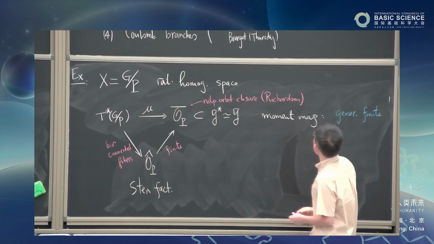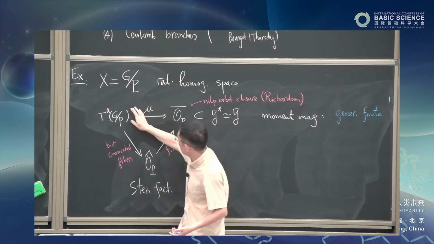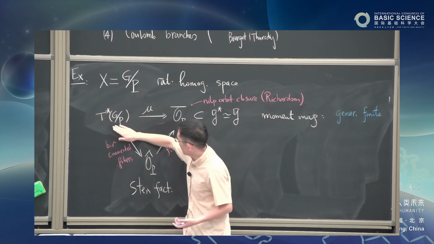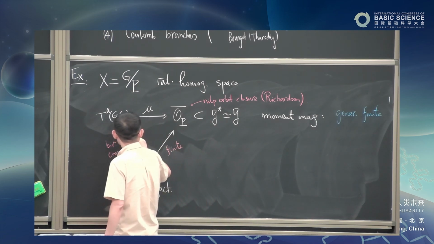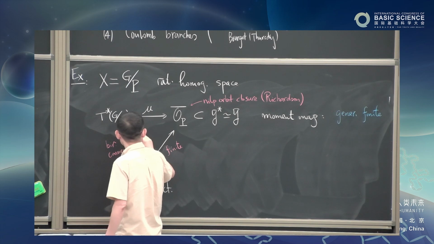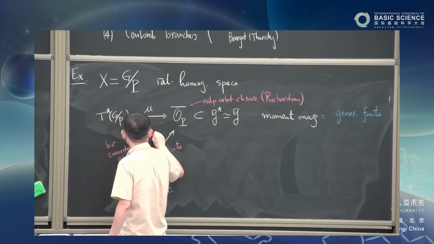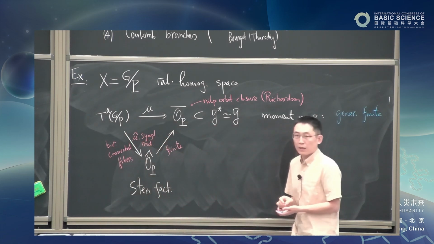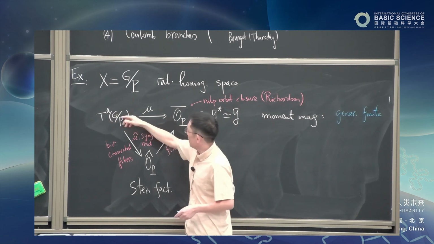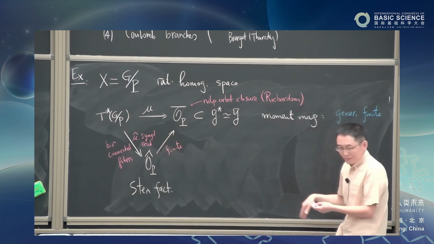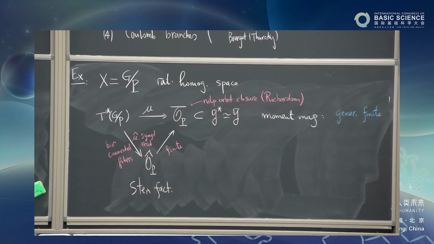And then this is simply because this is symplectic, so this would imply this is in fact a symplectic resolution. So this, say mu hat, is a symplectic resolution. Because this is birational and also this is Cohen-Macaulay, so downstairs this becomes a symplectic resolution.